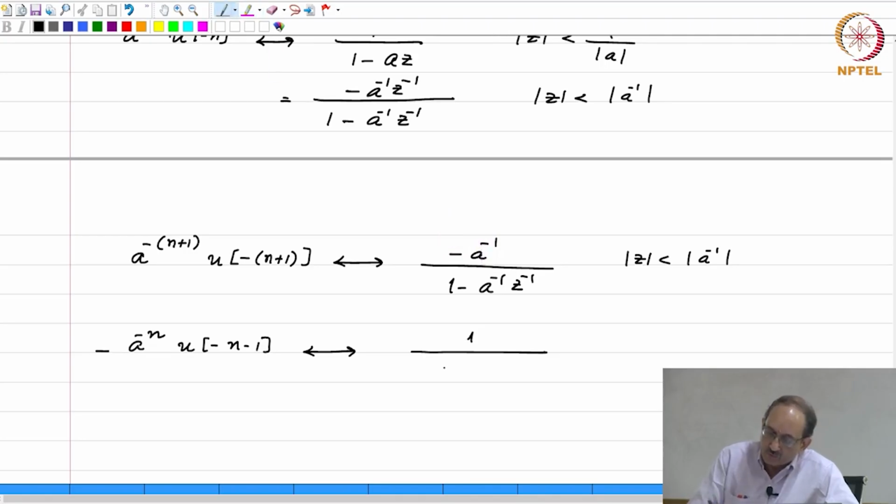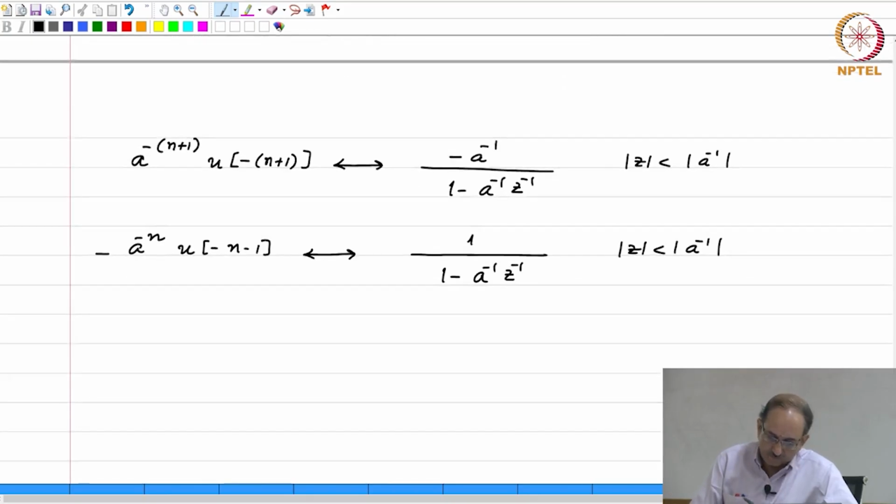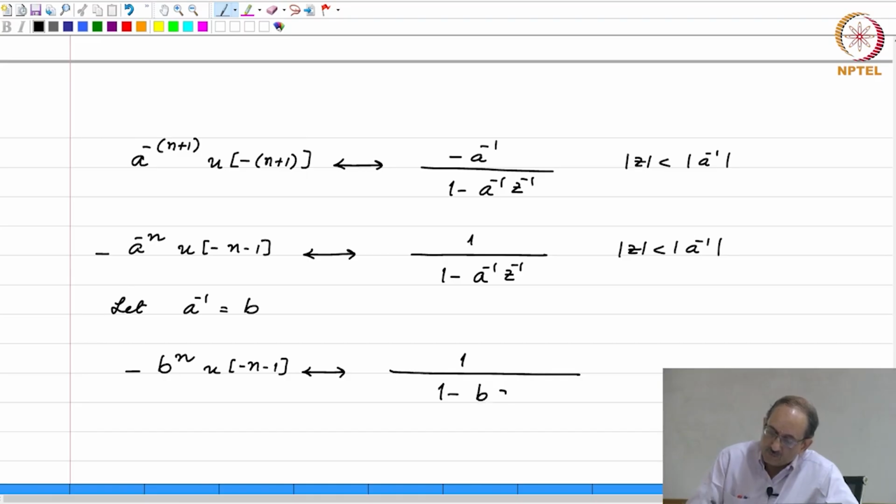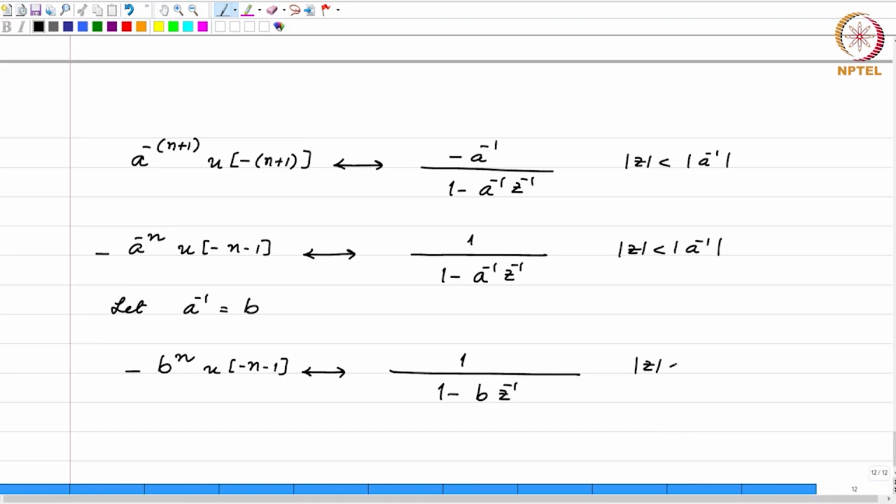So, this is 1 by 1 minus a inverse z inverse, mod z less than mod a inverse. Now let a inverse equal b. Therefore, this becomes minus b to the n u of minus n minus 1, and this is nothing but 1 by 1 minus b z inverse with mod z less than mod b.